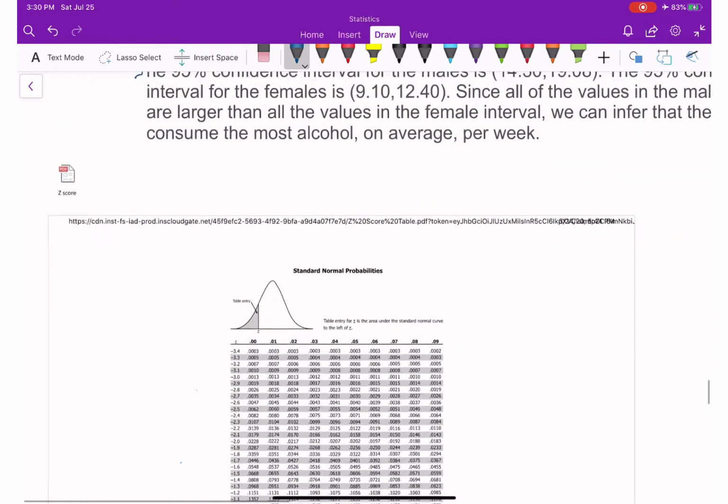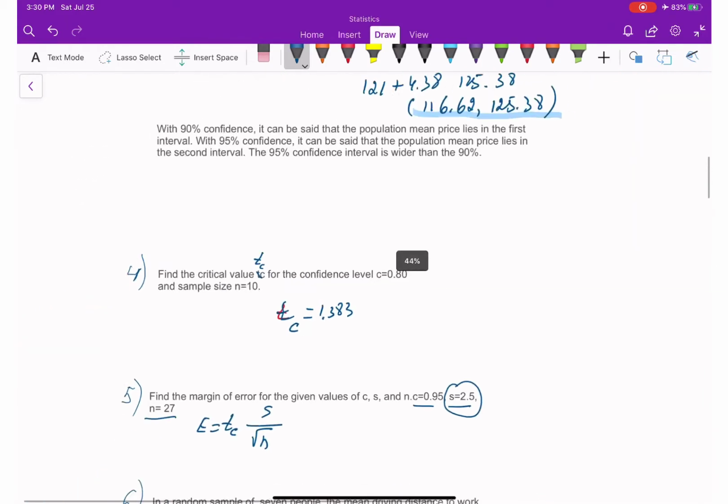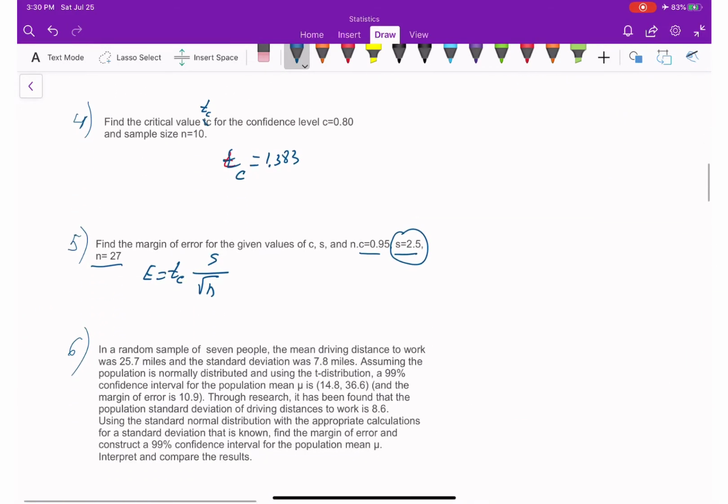Okay? So T critical is 2.056. So we plug in here. S is 2.5. Square root of n, it's going to be square root of 27. Okay.